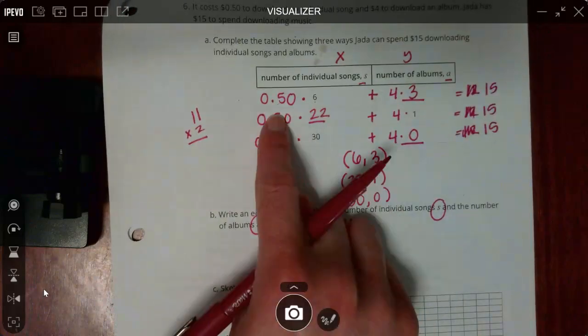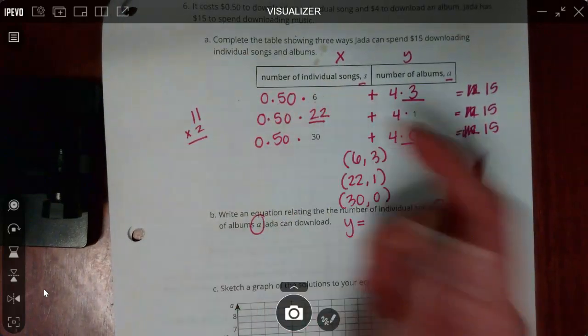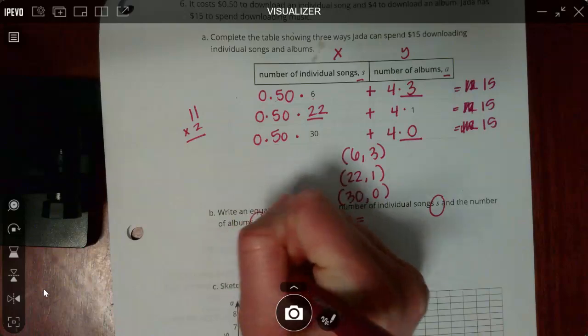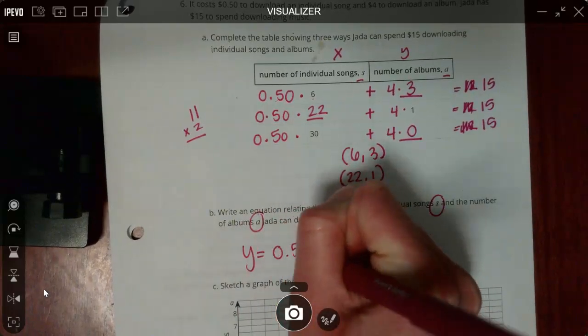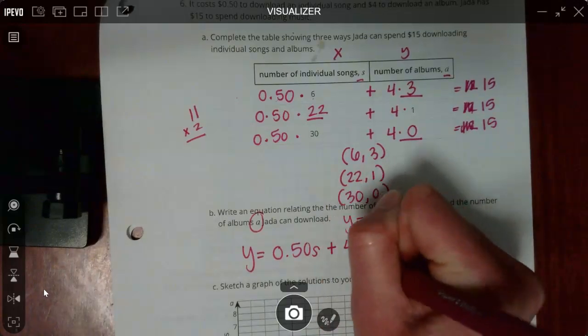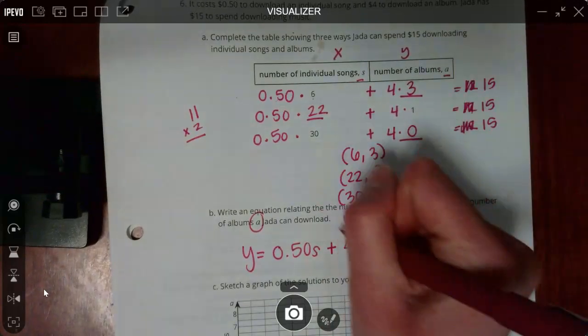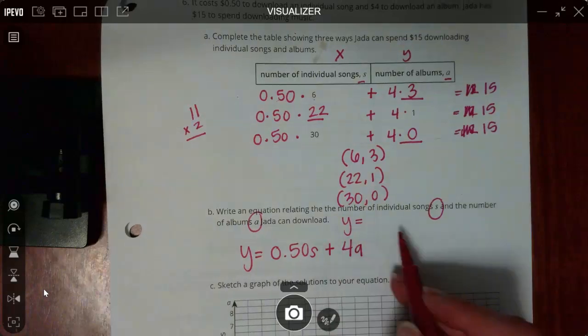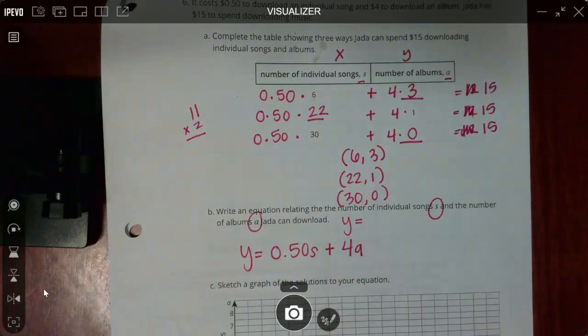Okay, well, my 50 cents was times the songs, S. So that means Y equals 0.50S plus 4 times the albums, which was A. You have to read the problem. You have to use the variables they gave you because they told you to. If you put X and Y and all the things, I can't take that.